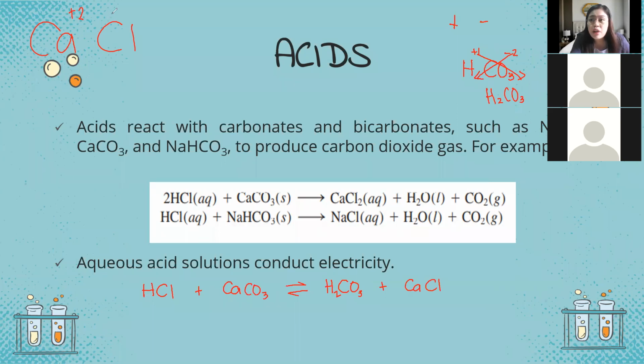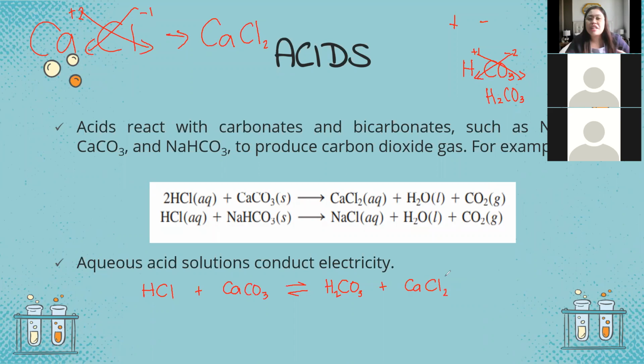And chlorine belongs to group 7A, and group 7A ions, ang charge nila ay negative 1. So if we add these two, hindi pa rin tayo makakakuha ng 0. So we need to do the crisscross also. Therefore, the combination of the Ca and the Cl, ang correct chemical formula niya ay CaCl2.